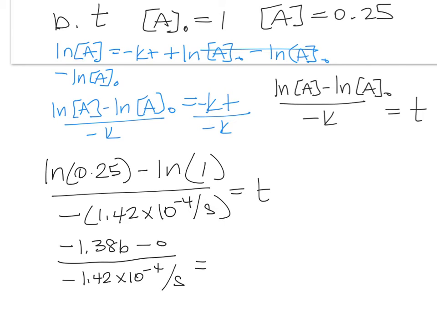Right, and I go ahead and divide negative 1.386 by negative 1.42 times 10 to the negative fourth, and I get 9,760 seconds. The negatives will cancel out there. We're not going to have a negative time. All right, so that's my answer to that question, 9,760. Right, let's go ahead and erase for a minute and work the next problem.